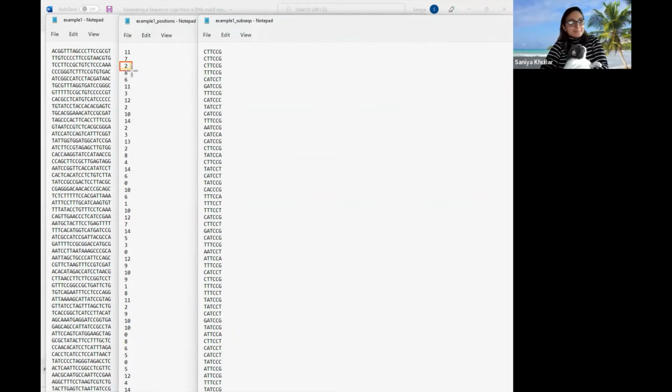So this is 2 here, and this is the corresponding motif position that we learned. Because the code was run in Python, the numbering is 0, 1, 2, so everything is off by 1. But don't worry, you just have to be consistent.